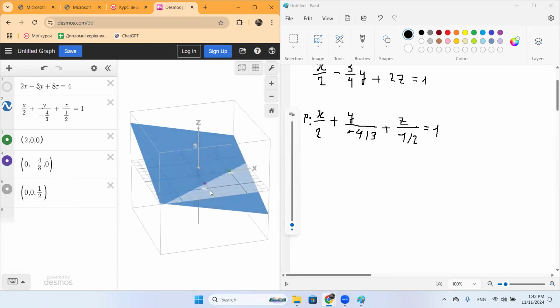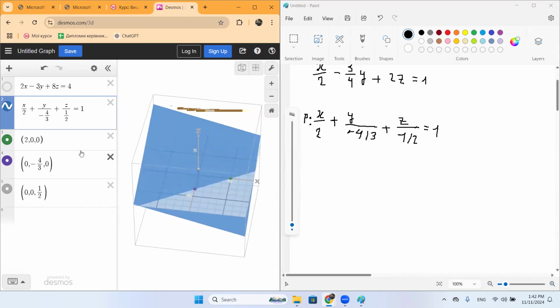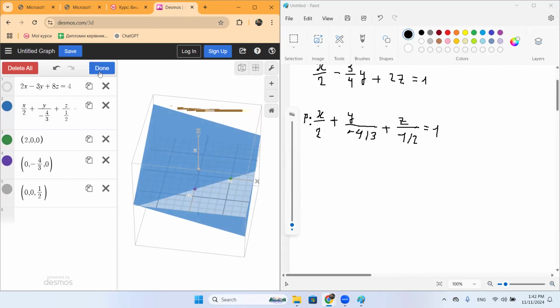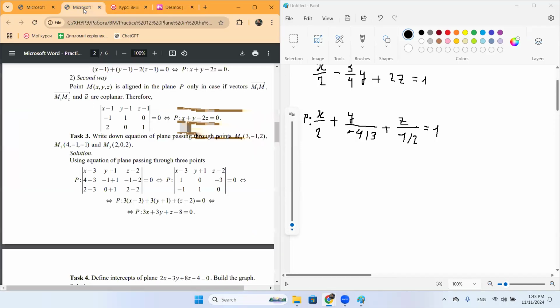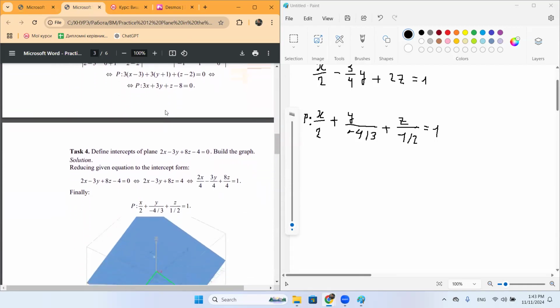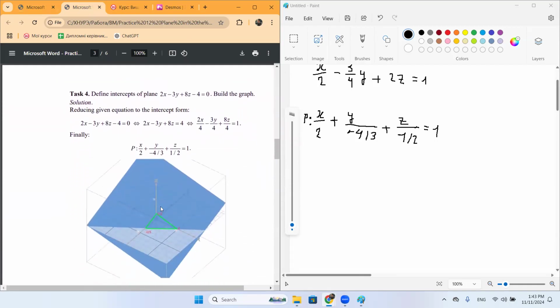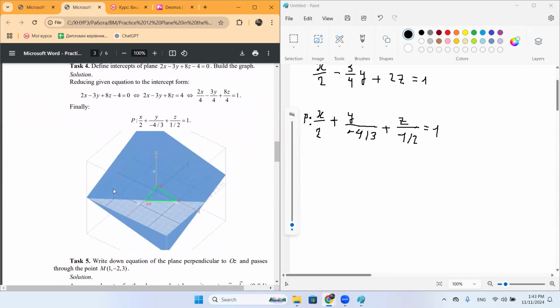Any questions about this task? No. Okay, so let's move next. Here it is without points, but anyway, I guess you will understand this graph.